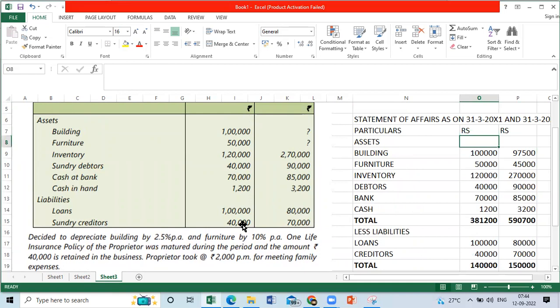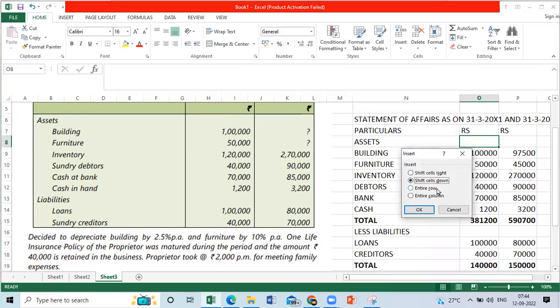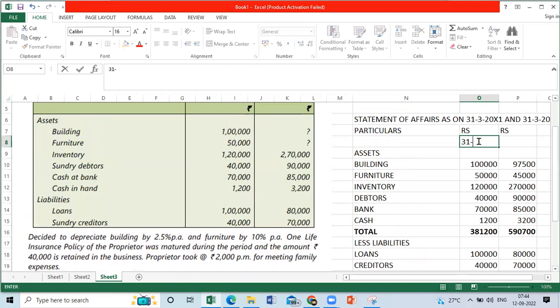अच्छा मैंने कॉलम नहीं बनाया यहाँ पे, मैं यहाँ पे ऐड करता हूँ. डेट वाला रो मैंने ऐड नहीं किया. Here it is 31st March 2021.